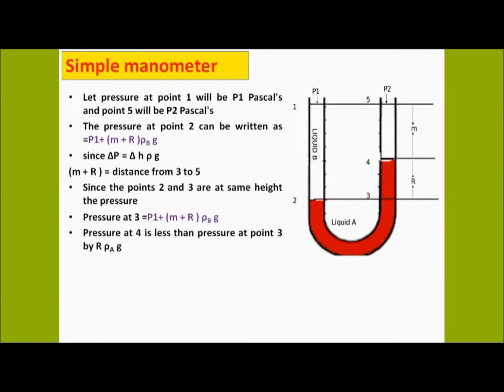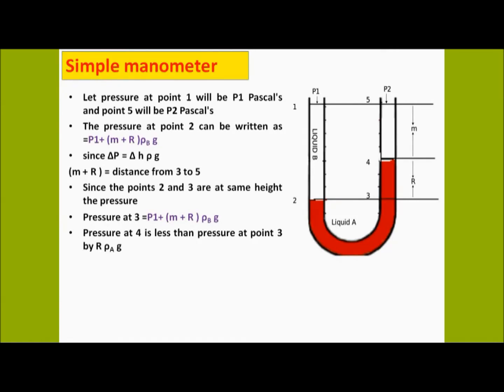Now what will be the pressure at point 4? The pressure at point 4 is less than the pressure at point 3, because of the distance R. Here the pressure will be less, here the pressure will be more, because this fluid is also applying pressure at point 3.